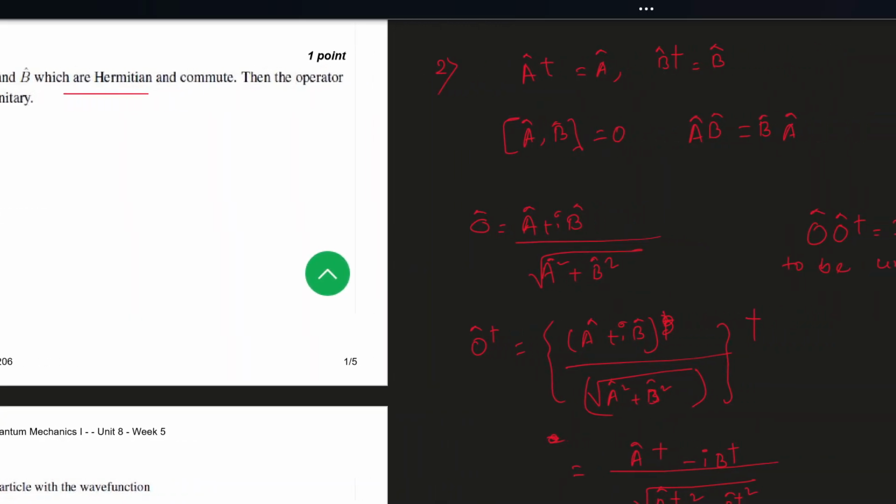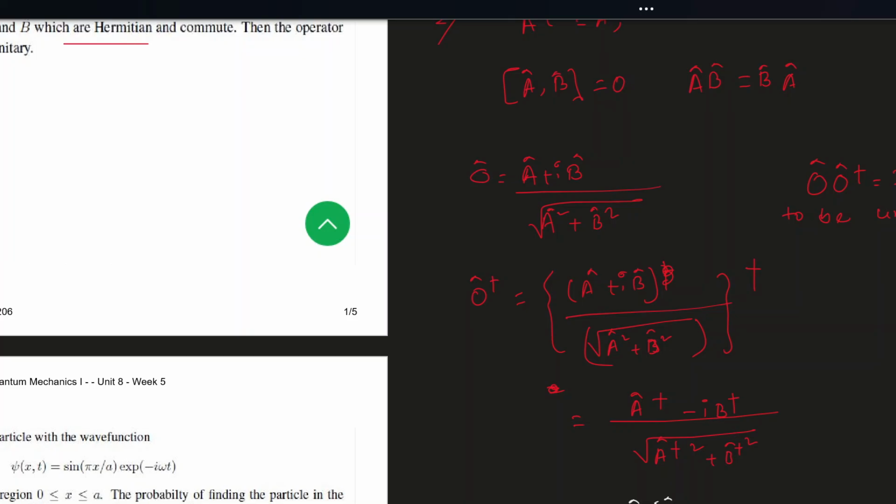So if this is this, then let us check whether this condition is satisfied or not. So O dagger O will be A plus iB, then A minus iB, then root over of A squared plus B squared whole squared. So this is A squared minus i AB plus i BA.